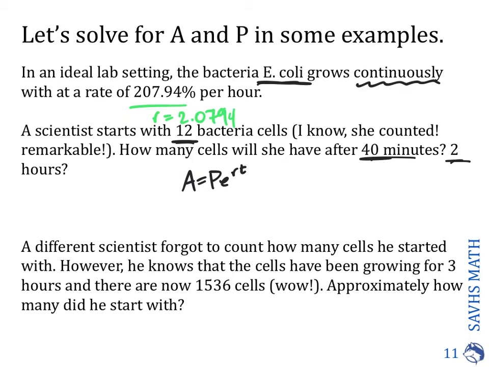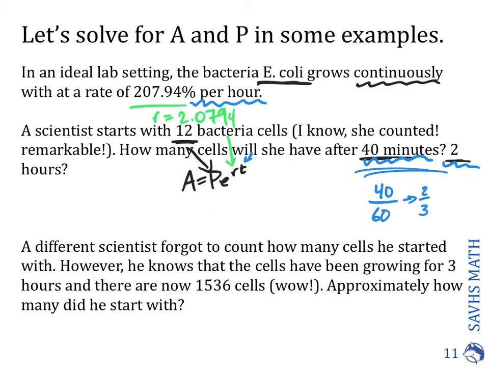We know an R, and we know our P. We also are given what we're going to put in for T. So we're going to put in 40 here, and then we're going to put in 2. Although this says 40 minutes, our rate is written in hours. 40 minutes is 40 minutes out of 60 minutes in an hour, which is 2/3.